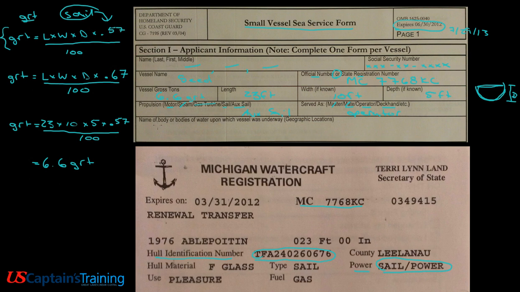And now, down here, name of body or bodies of water upon which the vessel was underway. So I live in Michigan. I operate on the Great Lakes. So this is what they want to see. They want to see Great Lakes, western rivers, inland waters, or near coastal. Those are really what they want to see.